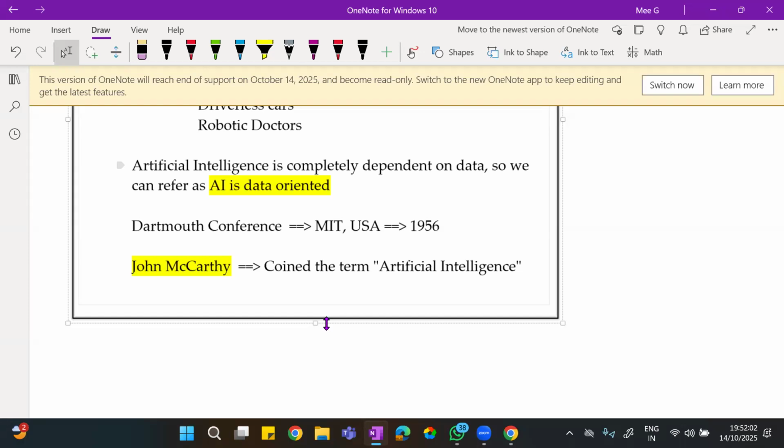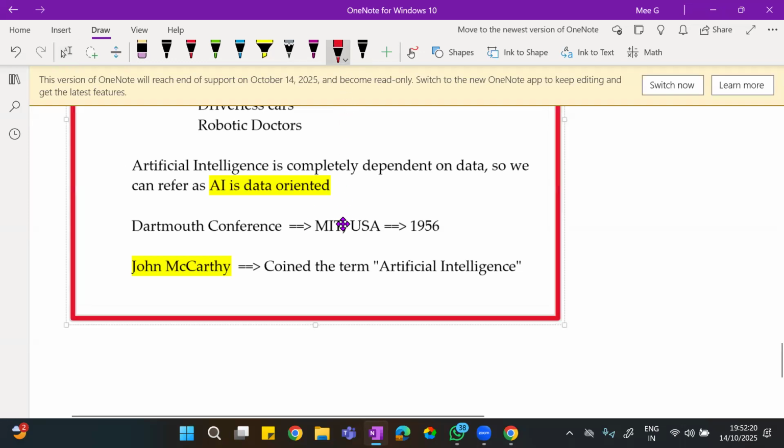Then, looking at his confidence level and his plan for executing it, the US defense, that is the US government defense, came forward and funded this gentleman, John McCarthy, to start working on AI and building intelligent robotic soldiers, which can do the fighting on behalf of humans based on the intelligence of humans.